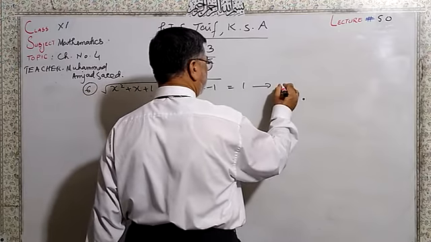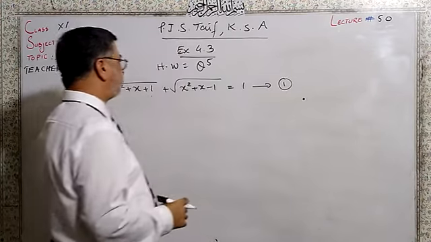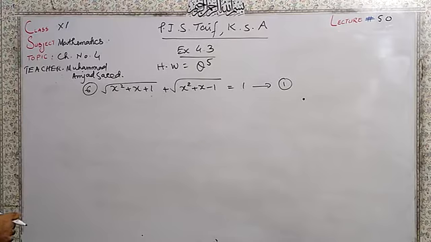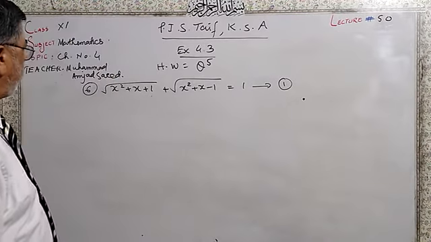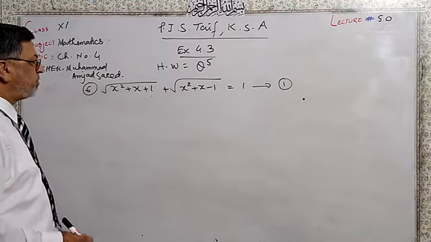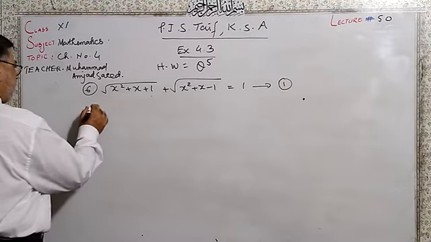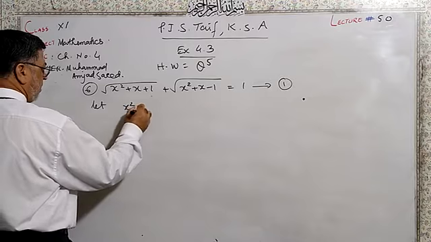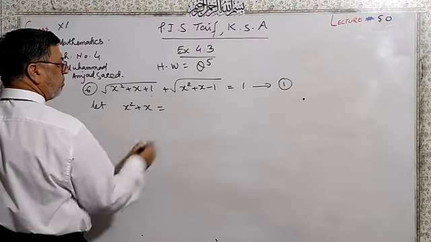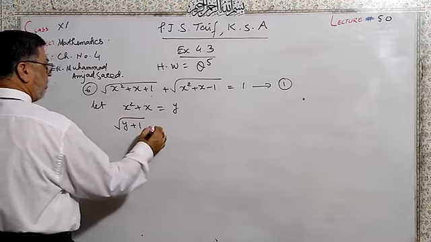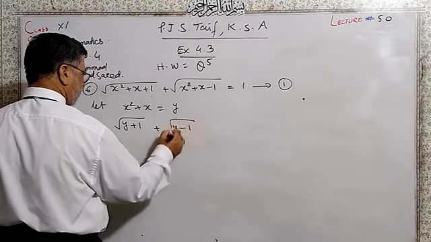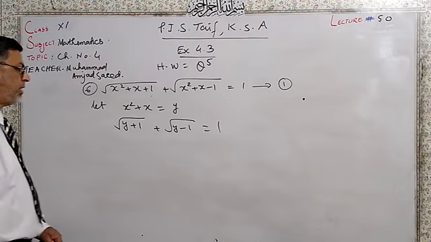Remember that this is equation number 1. As you know, we have a very simple equation by substituting. Let x square plus x is equal to y. So it will be square root of y plus 1, plus square root of y minus 1, that is equal to 1.